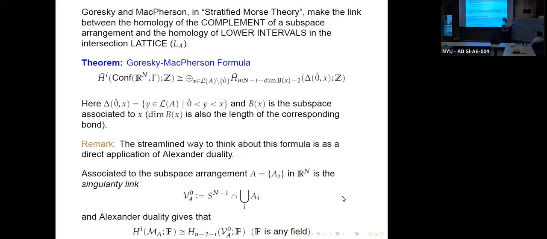So what you do is look at the poset of intersections of these. You start with what you call the atoms, A1, A2, An. These cover 0, which could be, actually, Rn. And then you take the intersections, A1 intersect A2, if it exists. So you get this lattice of intersections.